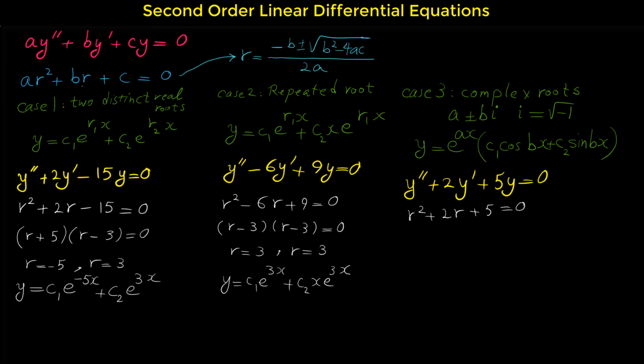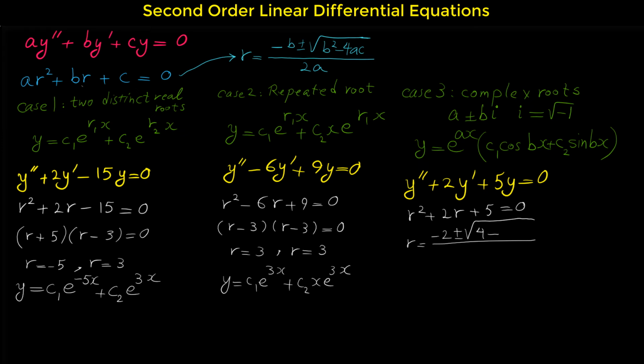r equals negative b, and b is 2 here. Note that a is 1, b is 2, and c is 5. Negative b plus or minus the square root of b squared, which is 4, minus 4ac. 4 times 1 is 4, times 5 is 20.